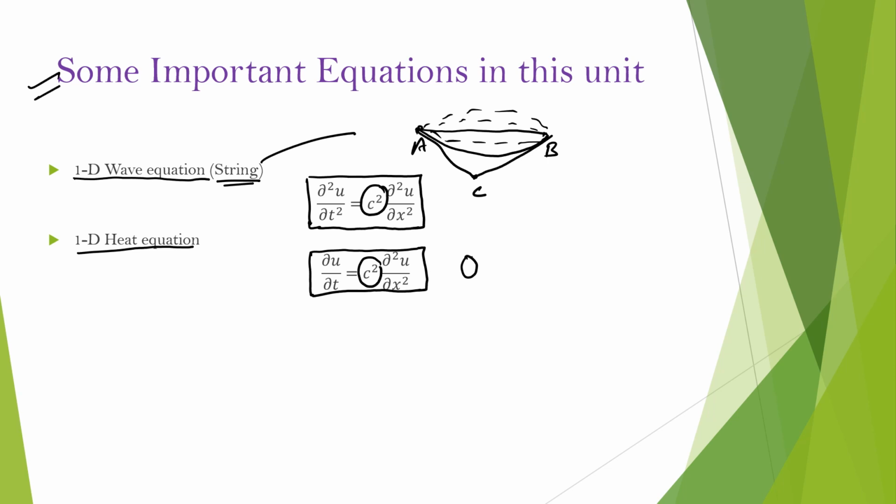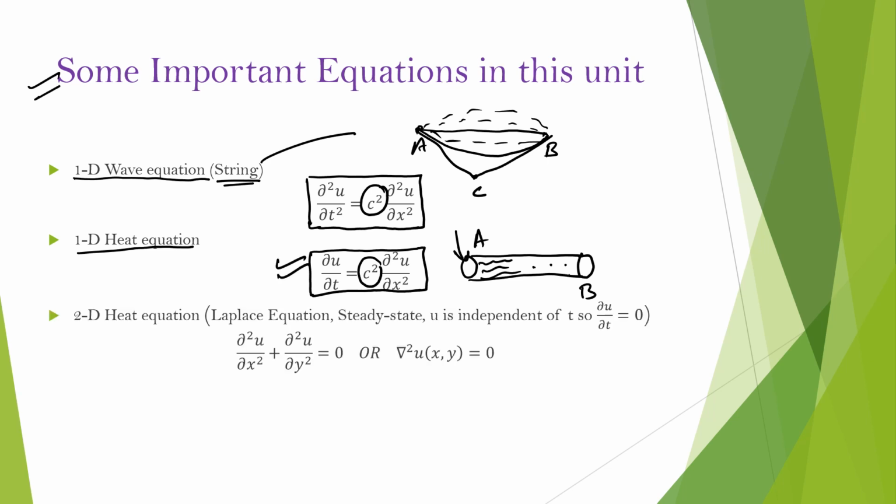If we consider a rod or an iron bar, and we give heat to a particular point A, then heat will be transferred from A towards B, and the calculation of the heat transfer or the temperature at a particular point is based on this equation.